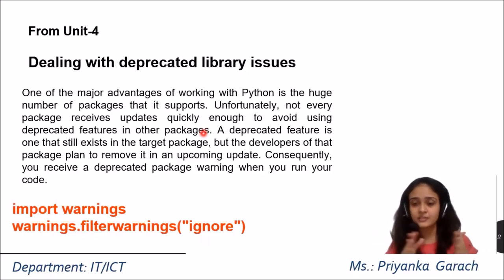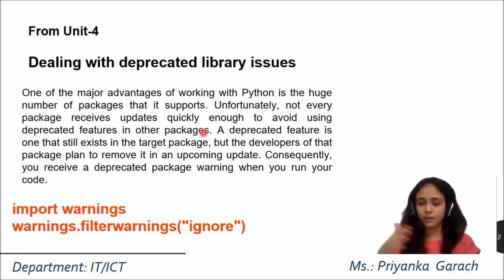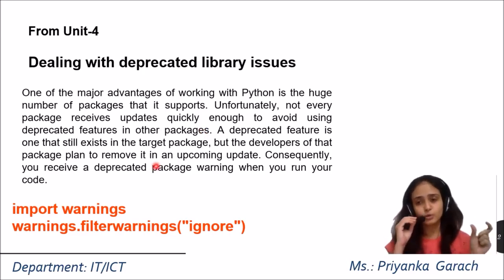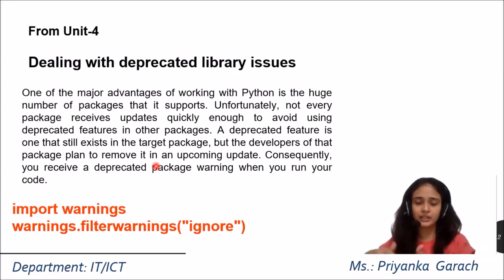The libraries available in Python are developed by different developers, and they update the libraries after some time. A library that has stopped receiving updates, we call it a deprecated library. Suppose I have the library sklearn, then the updated version of sklearn is also available, and the library will be updated automatically, or you can install the updated version.